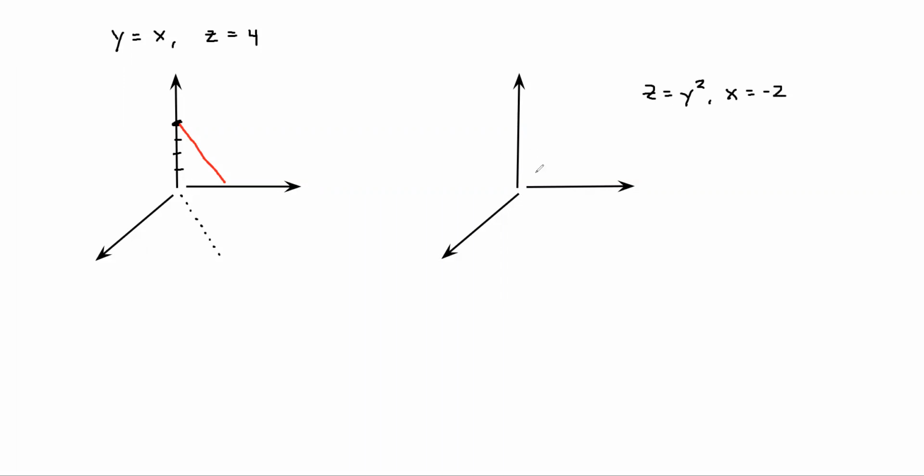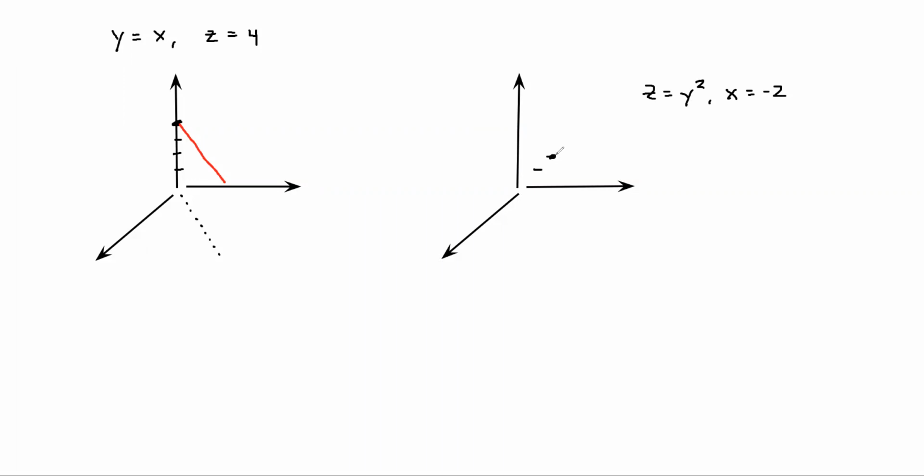To do that, you want to go 1, 2 to x equals -2. And there we want to draw the shape for z equals y squared. We can recall earlier that was the parabola located here on the yz plane. So you just want to take that parabola and draw it here.